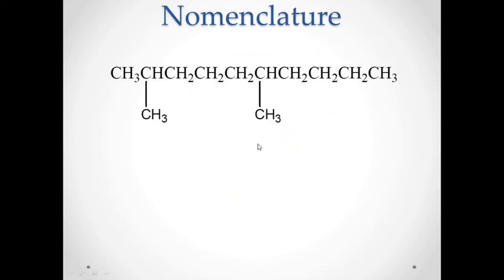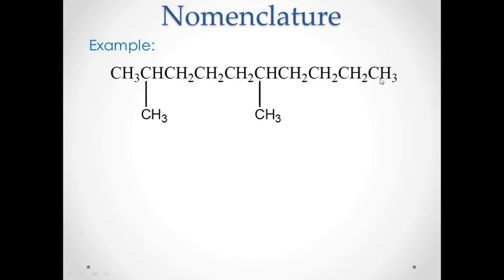Okay, next is this. What would be the name for this compound? Same, you locate the longest continuous carbon chain, and in this case, this is very obvious. 1, 2, 3, 4, 5, 6, 7, 8, 9, 10. So that would be the longest. And make sure that when you number your longest continuous carbon chain, the substituent attains the lowest number for the carbon where it is attached.